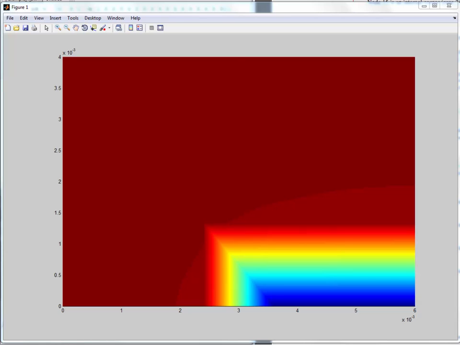Please make sure that you follow all the steps, derive all the equations, be able to solve the system using inverse of the matrix times B, and be able to plot the temperature distribution of this problem.